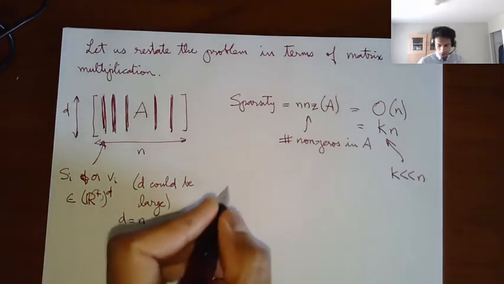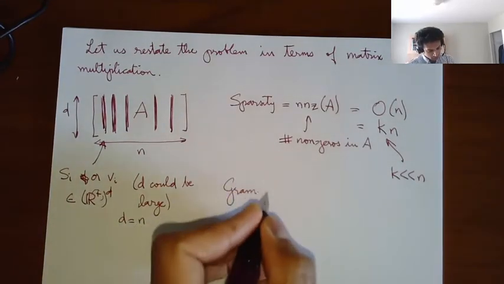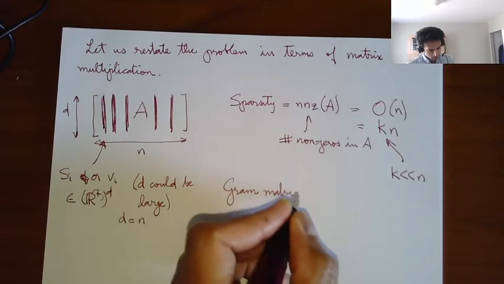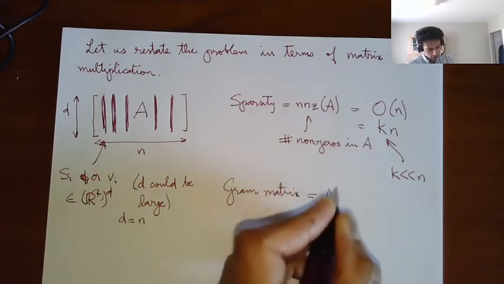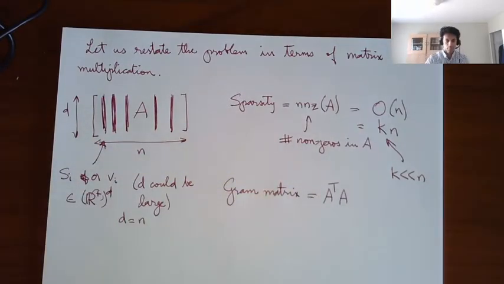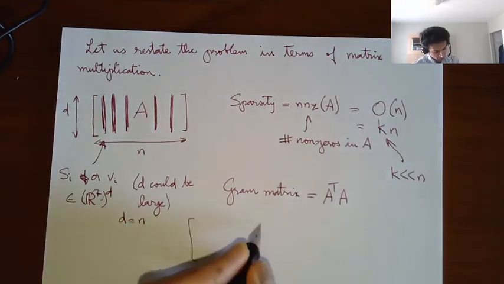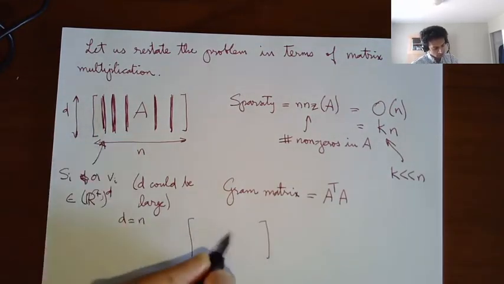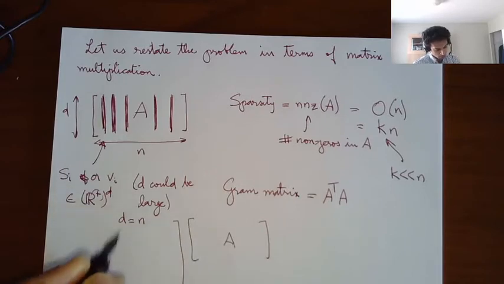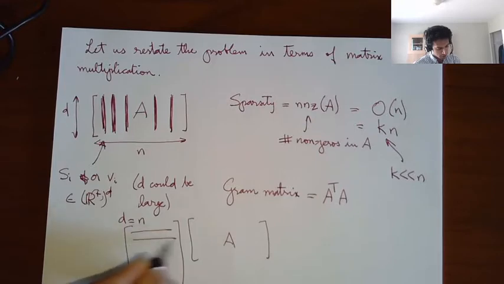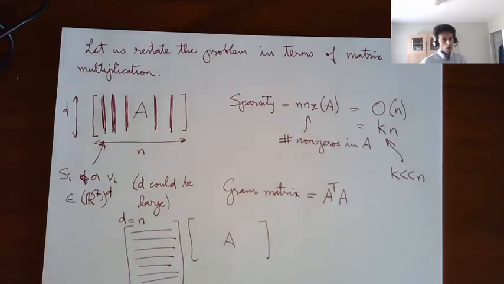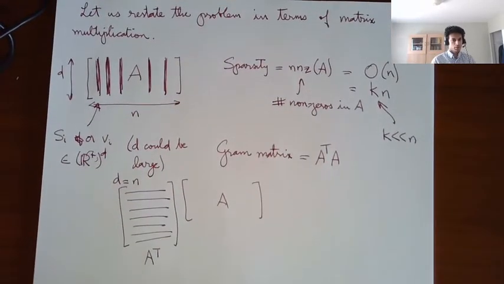So let me look at the Gram matrix, or the Gramian matrix. The Gram matrix in this case is A transpose A. So what is A transpose A? Let's write that out. This is A over here, and this is A transpose over here. In A transpose, all the vectors are rows.